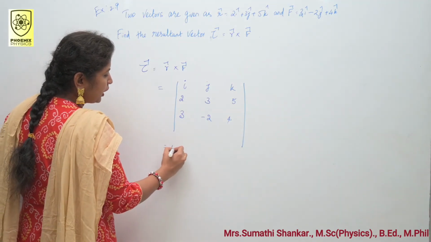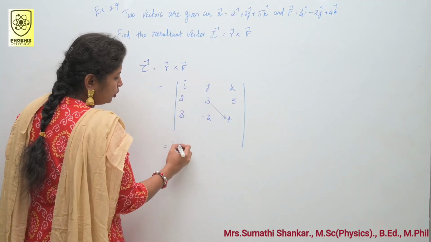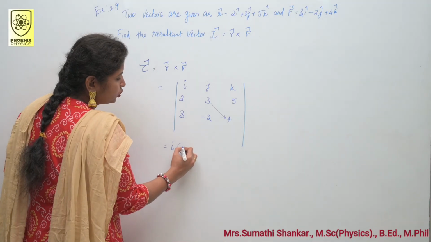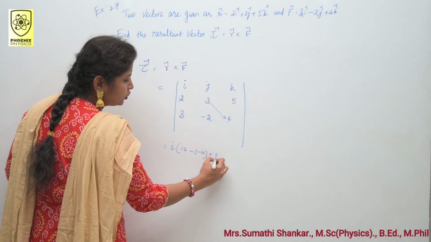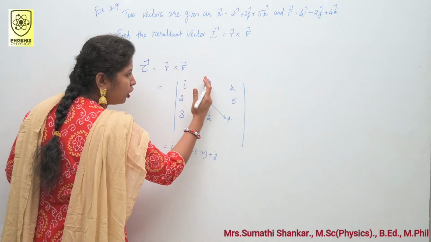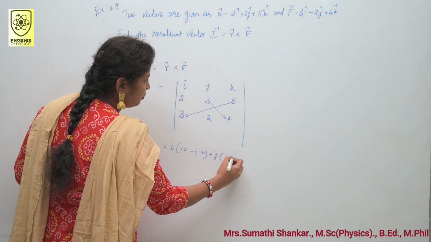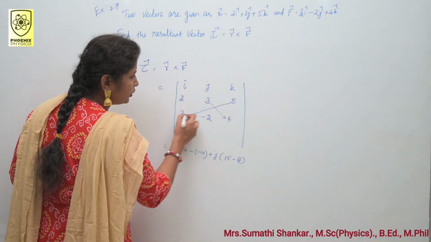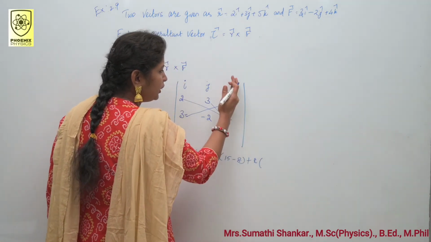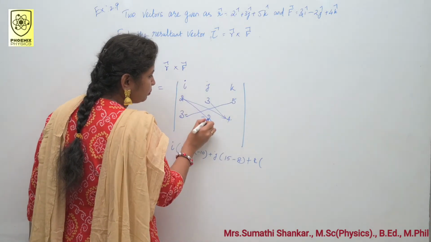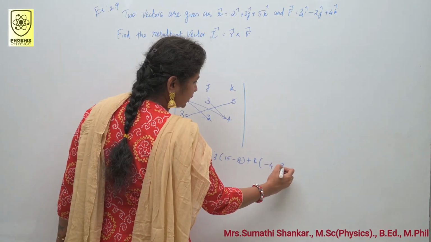How do you write the i vector? Leave this column and the row. So first you multiply like this, that is 12 minus of minus 10, plus j vector: leave this column and row. First you multiply this, that is 15 minus 8, plus k vector: leave this column and this row, multiplied with this, that is minus 4 minus 9.